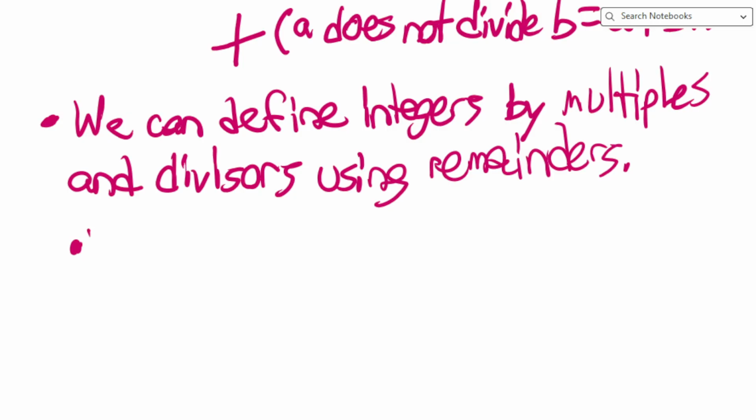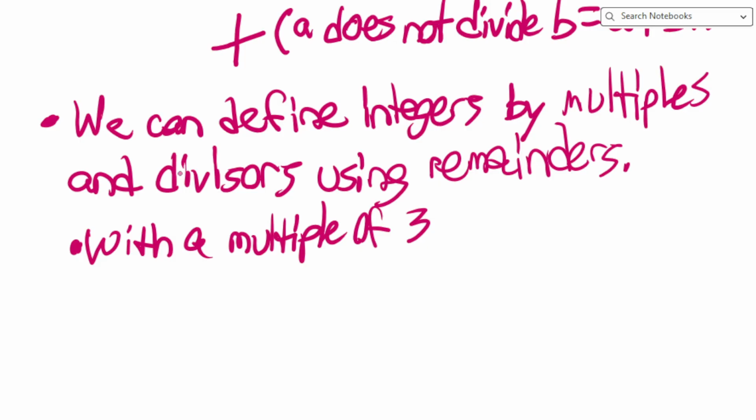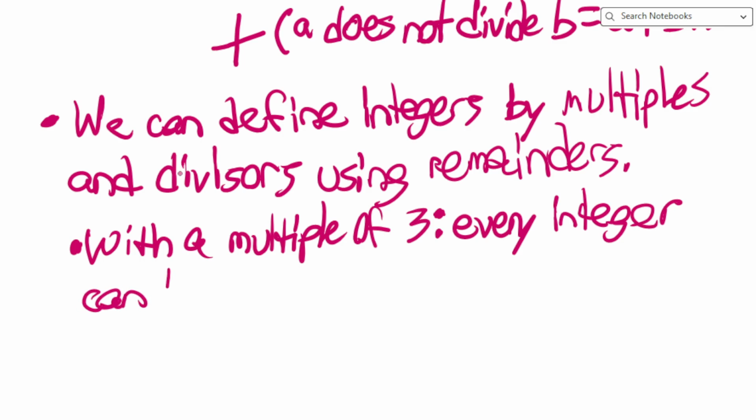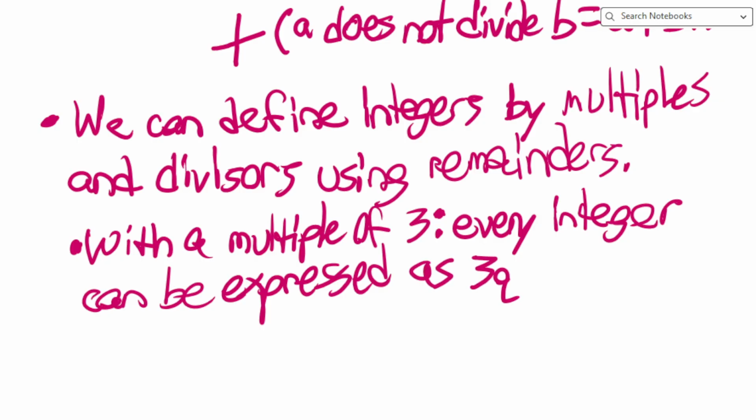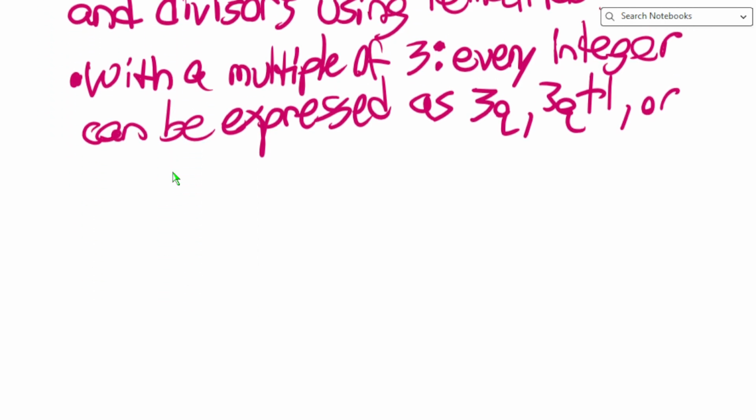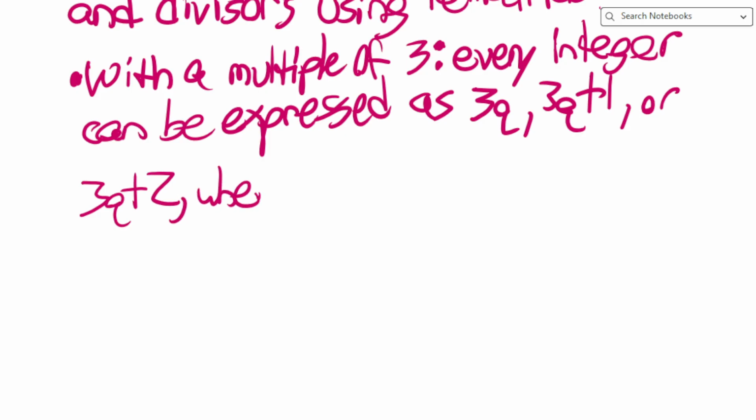So if we had a multiple of 3, then every integer can be expressed as 3q, or 3q plus 1, or 3q plus 2, where q is an integer.